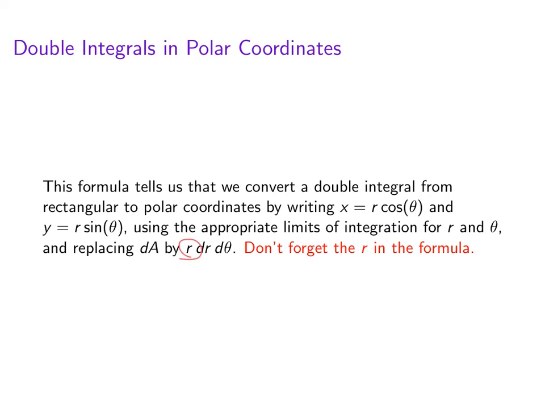We'll be talking later on in more generality about where this r comes from. We did talk about it here. It essentially measures the size of the polar subrectangle that we're measuring. Not all of the polar rectangles have the same size. As you get farther away from the origin, those polar rectangles actually get bigger. Okay, that's all for now.